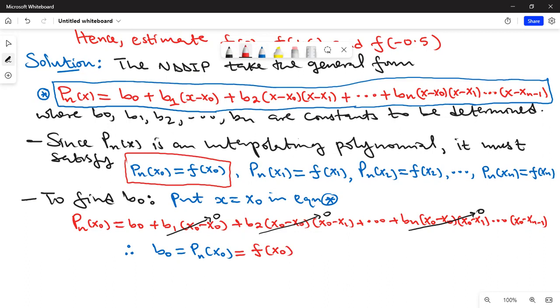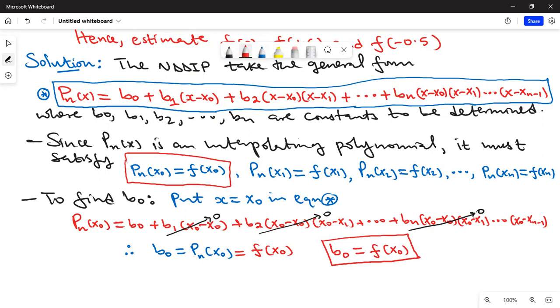So that is the value of b0. So you can say that b0 is equal to f of x0. Let us bracket this. Now we still need to find b1, b2, etc.